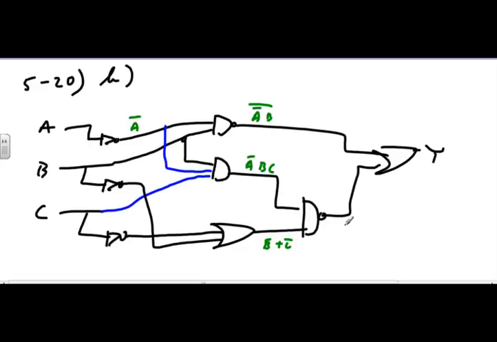Okay. Out of this guy, I've got A naught, B, C, B naught, or C naught, naughted.